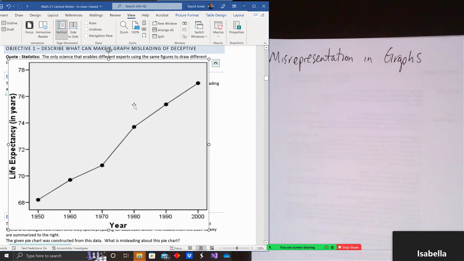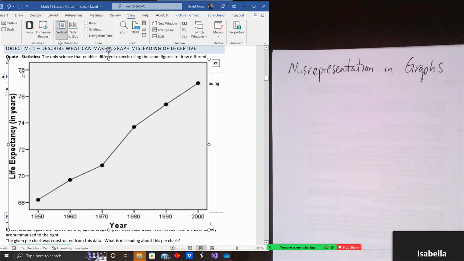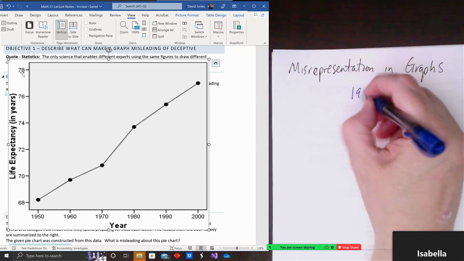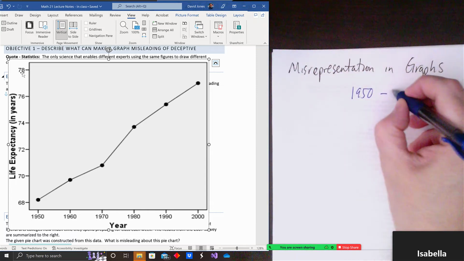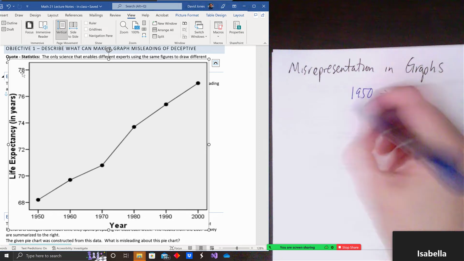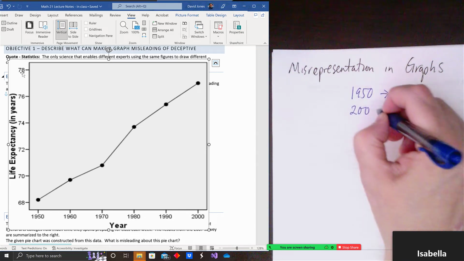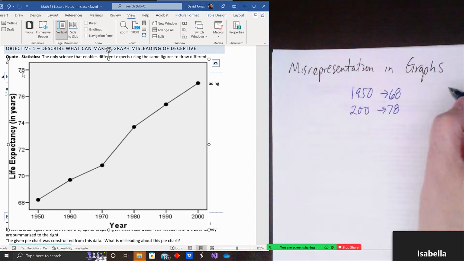But if we look at the values on the left, this says 68 and this says 78. So in 1950, the average life expectancy was 68, and in the year 2000, it's 78. This is a difference of 10 years.